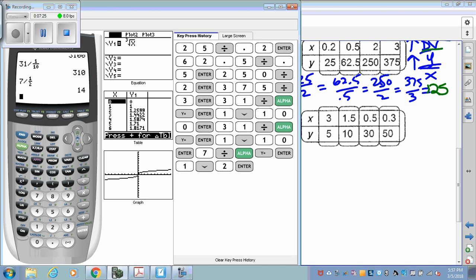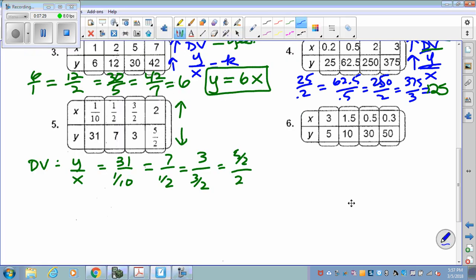So I'm done. I know it's not a direct variation, because these were not equal. I should use this symbol, which means not equal to. So they're all not equal.